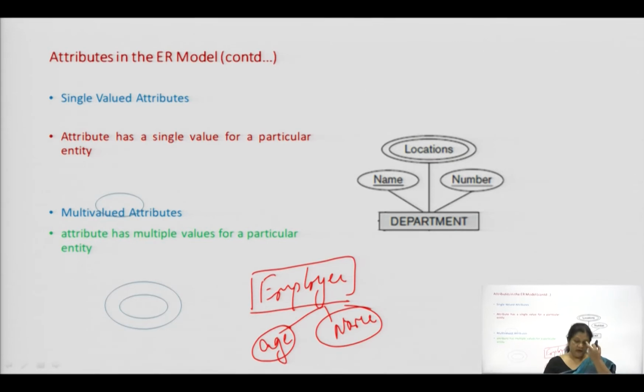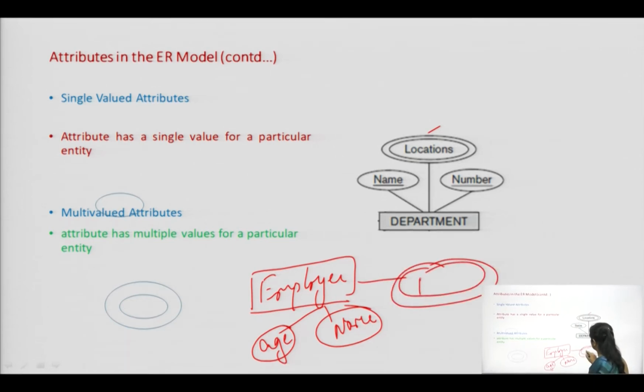Whereas, a multi-valued attribute is that which can have multiple values for a particular entity. Again, let us look at location over here. Location is an attribute for the department. A department can have multiple locations. Another multi-valued attribute I can give is for employee, I can say that phone is a multi-valued attribute.